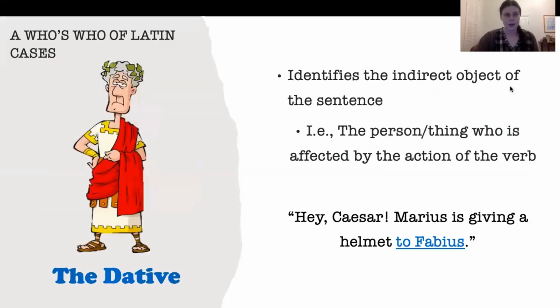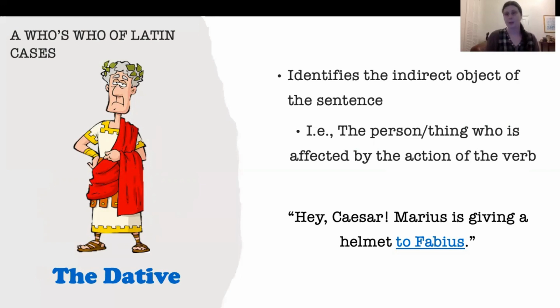Okay, now we've got the dative. So the dative identifies the indirect object of the sentence. So the person or thing who is affected by the action of the verb. So this is sometimes a little bit tricky to wrap your head around, but sometimes a verb can have two objects, right?